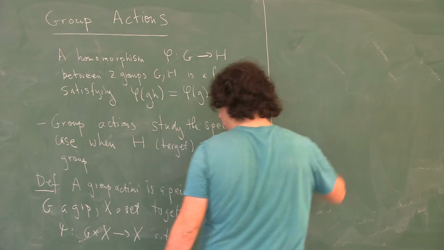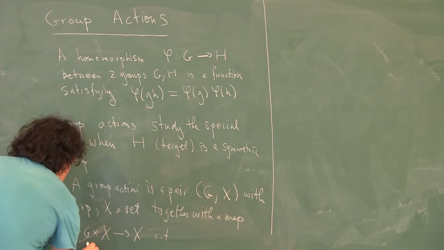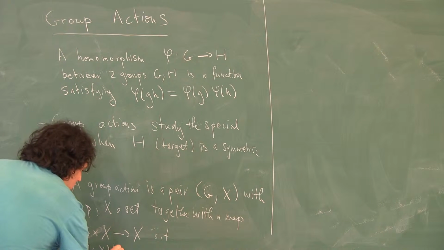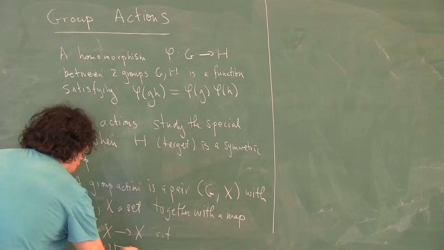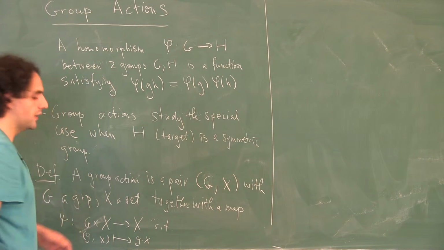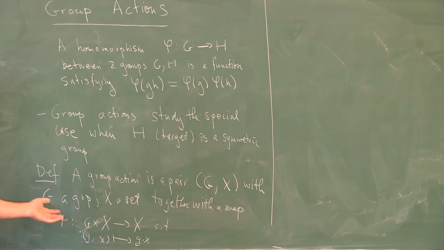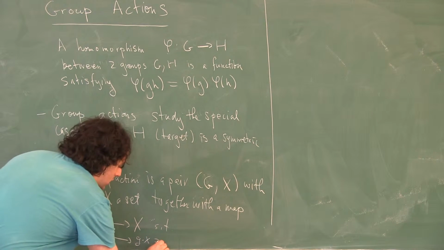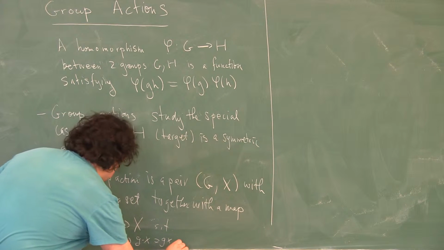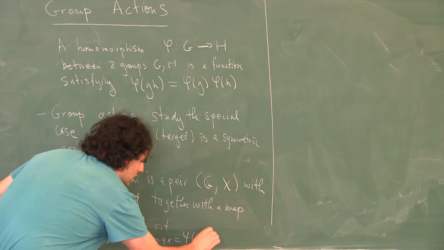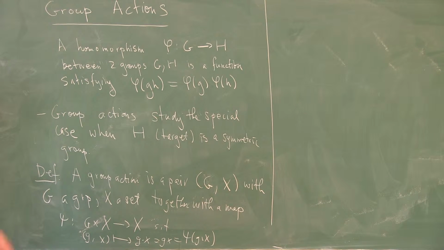So this map takes a pair g, little x, and the image we write just g dot x. And like the multiplication in G, we usually even drop the dot and just write gx. Okay, but so this is the image of the pair g, x under psi.